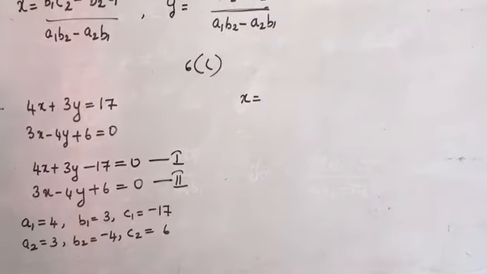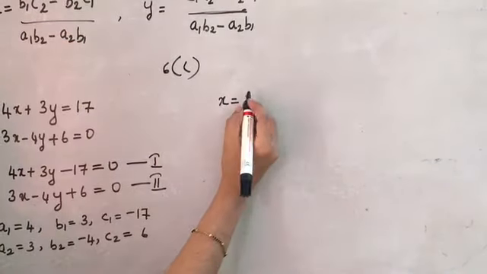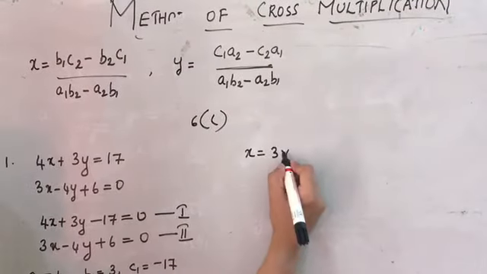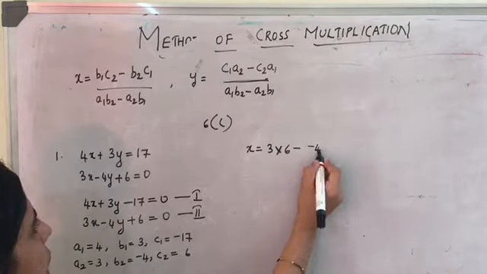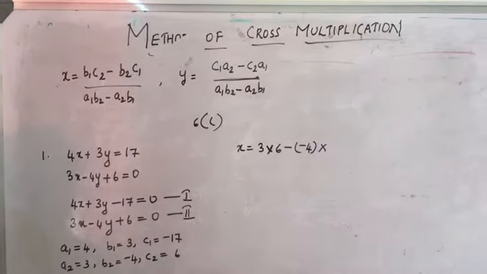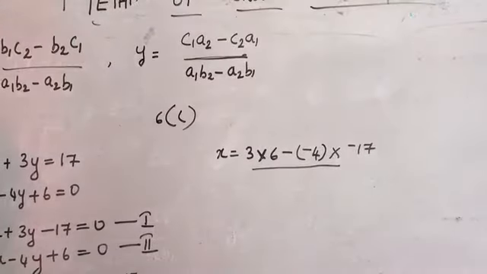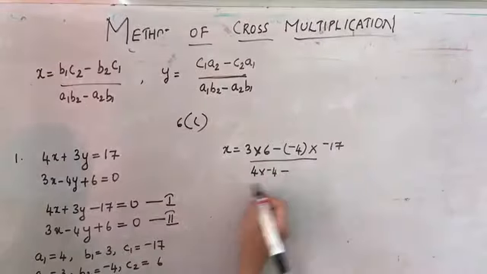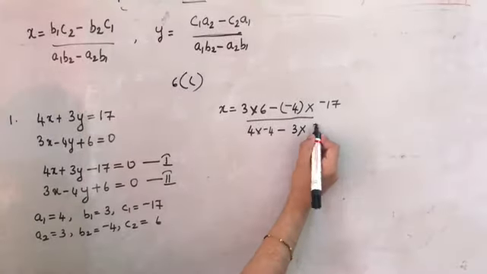x equals b1, which is 3, into c2, which is 6, minus b2, which is minus 4, into c1, which is minus 17, by a1, which is 4, into b2, which is again minus 4, minus a2, which is 3, into b1, which is 3.